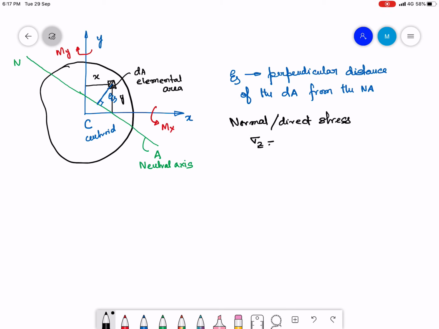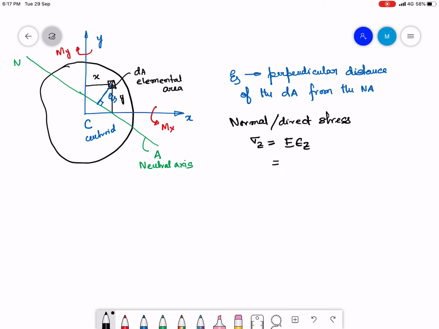Just to repeat, since this is a problem of pure bending, the only stress produced in the cross section is the normal stress sigma z, and sigma z can be written as E into epsilon z, where E is the Young's modulus and epsilon z is the normal strain.